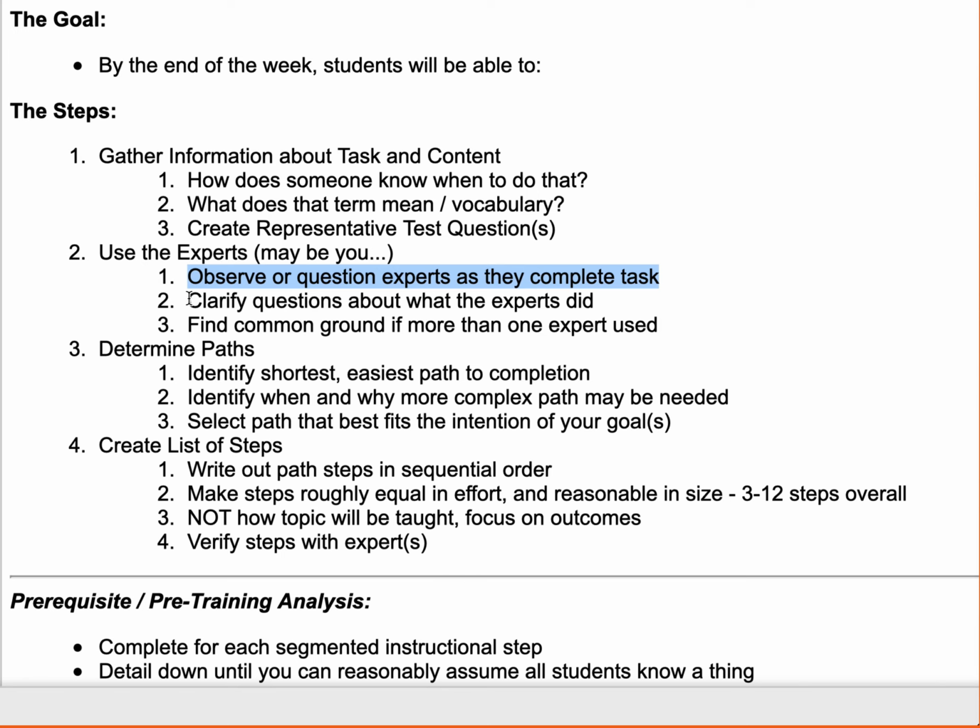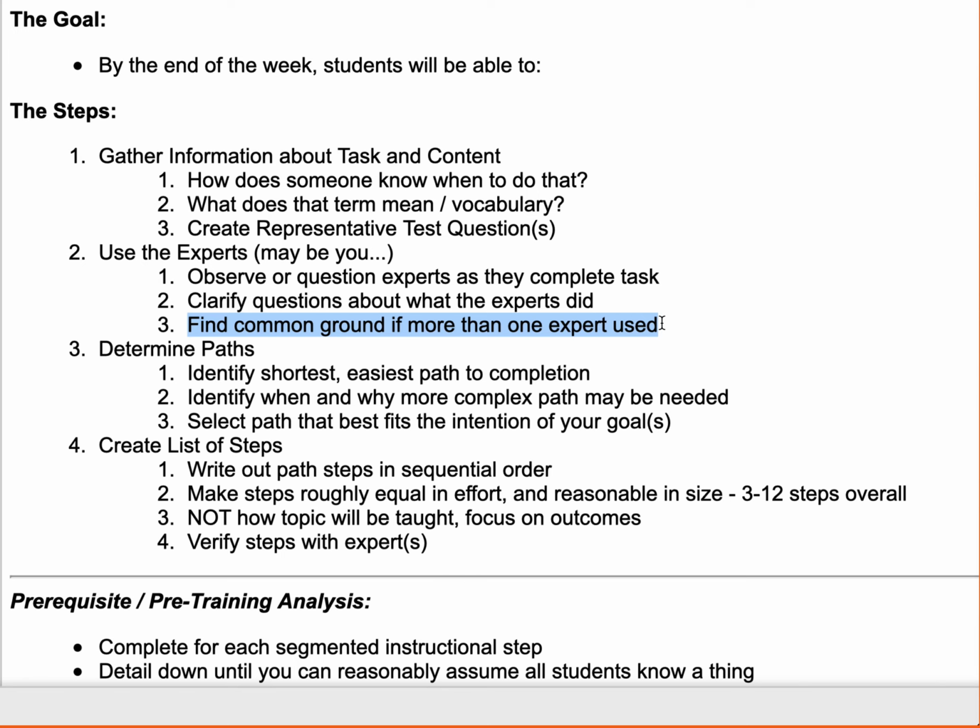So again, if that's you, then sit down and do the thing you're asking the students to do, but as you're doing it, take notes about what steps you're doing and why you're making the decisions you're making. If you find that there's multiple ways, or you've watched different experts go through this thing and they do it different ways, see if you can find the middle ground between them.